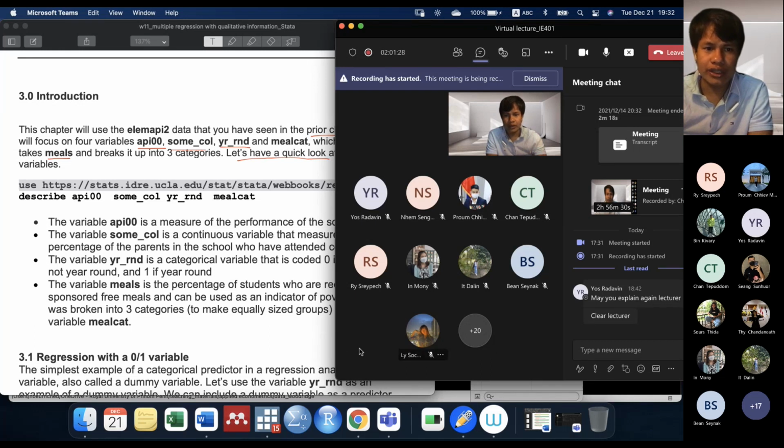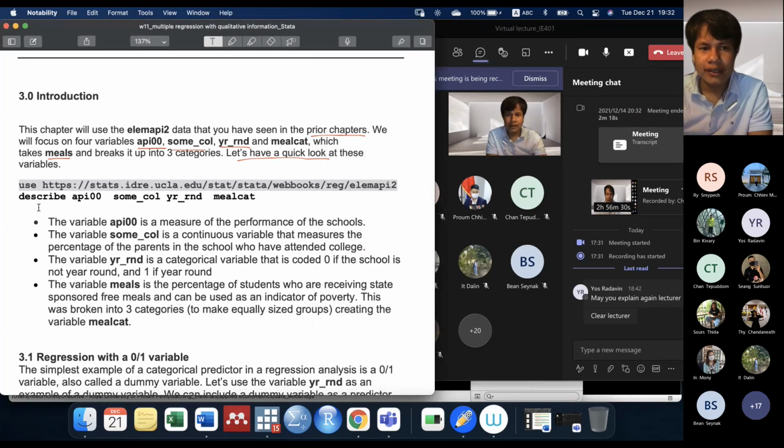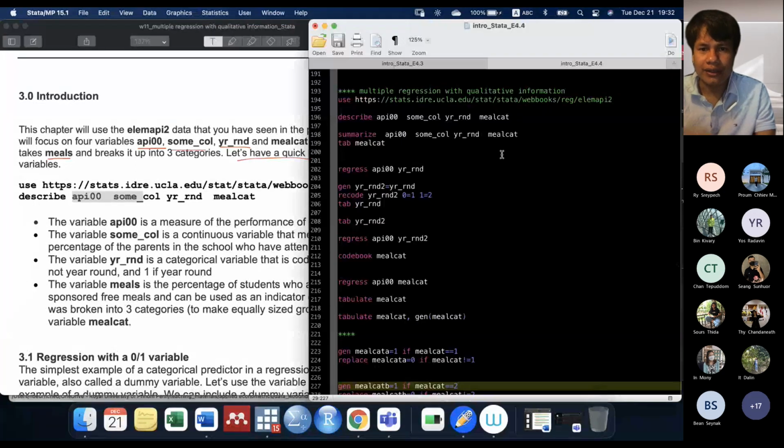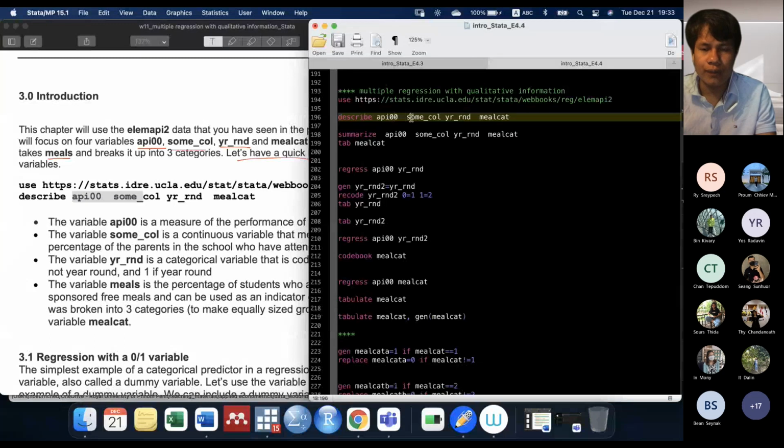Now what we are going to do is to get to know these 4 variables first. All right. So we run describe. To run describe on these variables, you can just copy and paste, right? Describe AP00, parental college, year round and meal cat. All right.